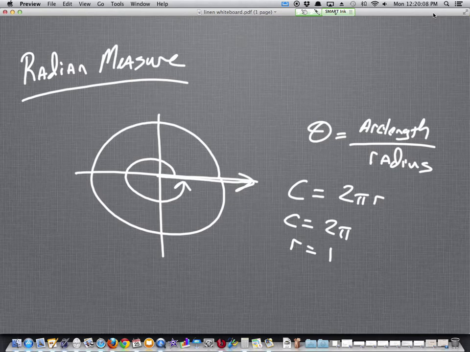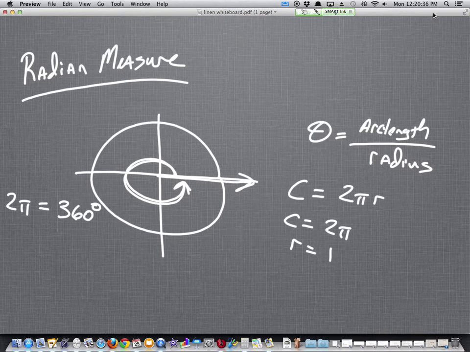That makes my radian measure 2 pi. So if I'm going all the way around, my radian measure is 2 pi. And what is all the way around in degrees? 360. So 2 pi in radians is equal to 360 degrees in degree measure.